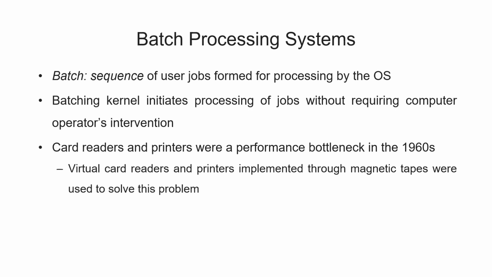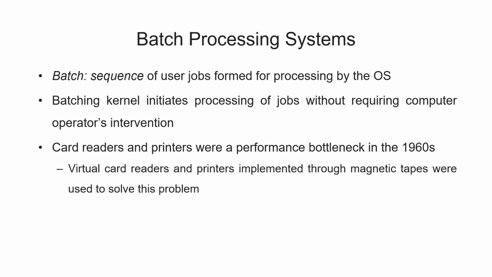Earlier, for each and every job, the operator needed to put it into execution on the CPU. The CPU would execute it, and once it was completed, it would be removed, and again the operator needed to insert another job into the computer system, and once it was completed, remove it. It was like that.